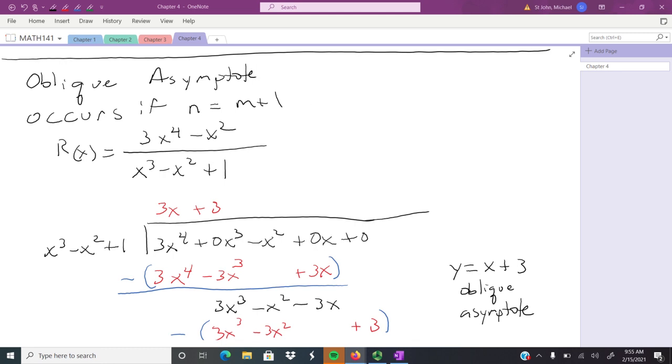I have it graphed over here, 3x to the 4th minus x squared over x cubed minus x squared plus 1. And let me also put in the line here.